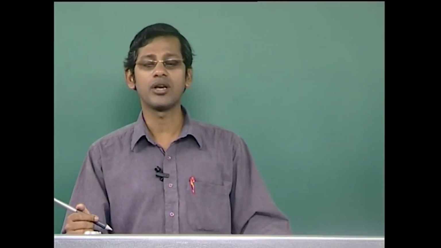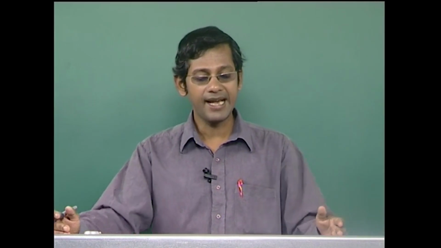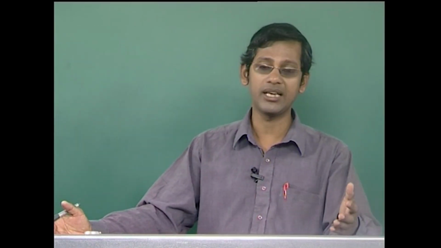Before I talk about Auger spectroscopy in detail, let me just tell you, we know that any spectroscopic technique, whether it is electron spectroscopy or X-ray spectroscopy or Auger spectroscopy, basically depends on the interaction of the radiation, the electron or X-ray or any other radiation, with the material. And material means atoms, atom means nucleus and the electrons.